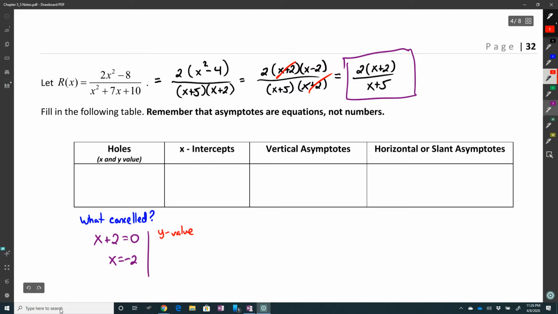So we end up with 2 times blank minus 2 over blank plus 5, and you plug in the negative 2. So that gives negative 2 plus 2 is 0, 0 times 2 is 0, negative 2 plus 5 is 3. So 0. So my hole is at negative 2, 0.